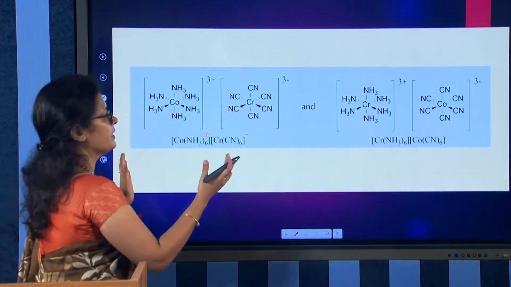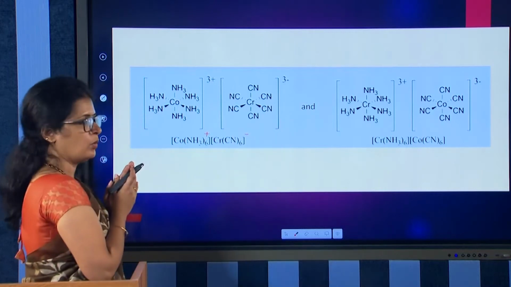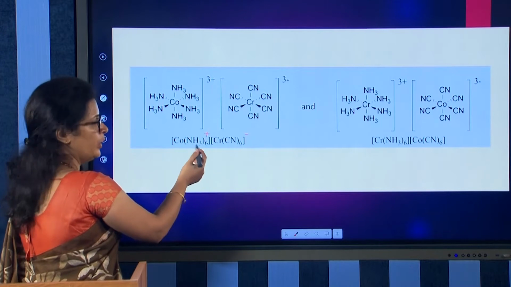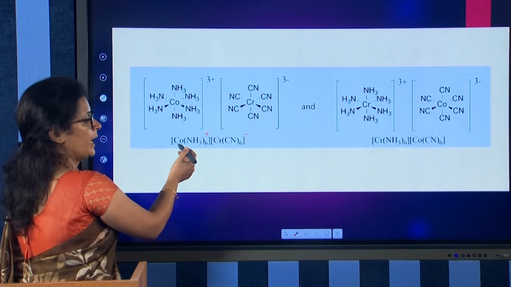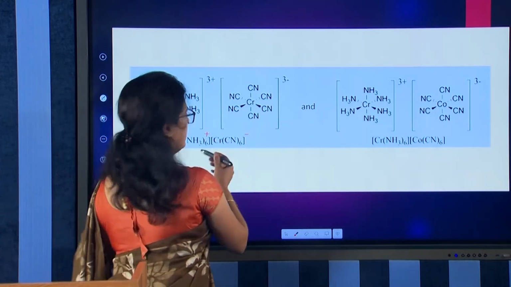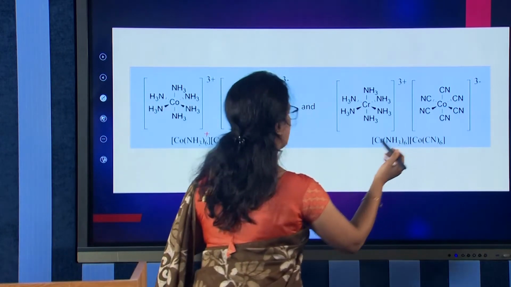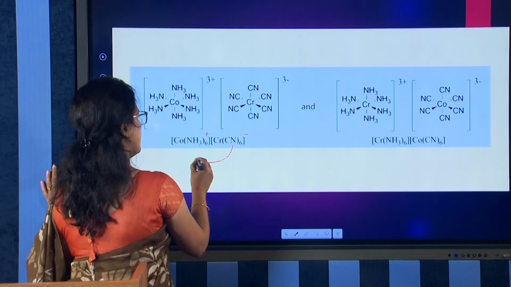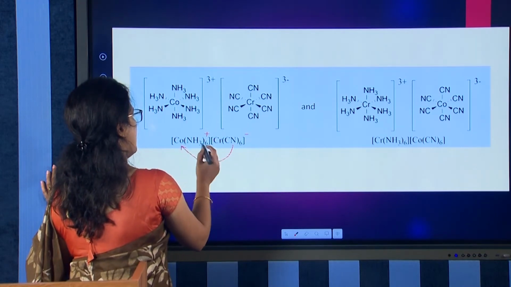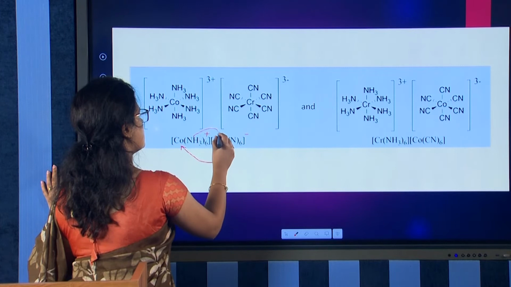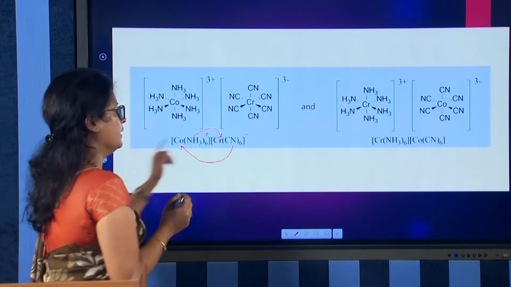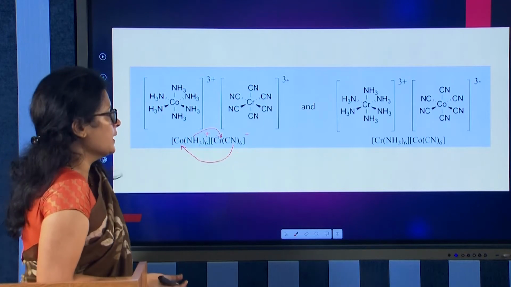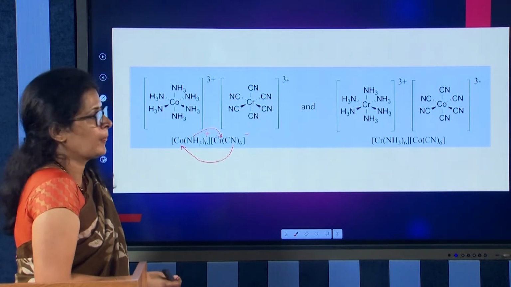And what are the differences between these two compounds? See, in the first, cobalt is having ammonia as a ligand. In this case, cobalt is having cyanide ligands. The difference is that the cyanide is exchanged with Co, and the NH3 is exchanged with Cr. So [Cr(NH3)6][Co(CN)6], that is the only difference.